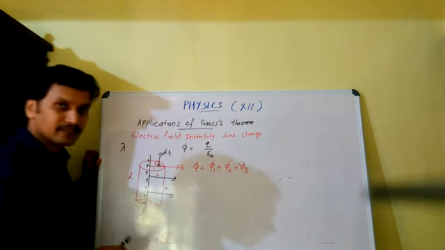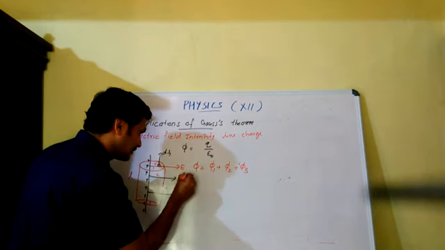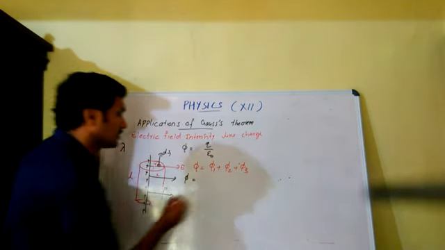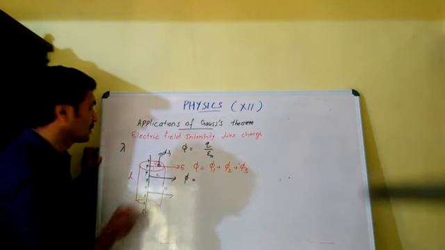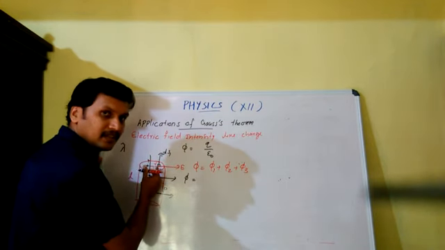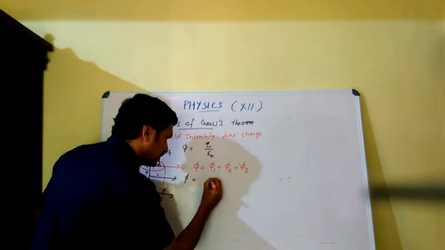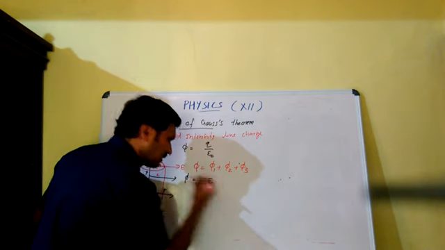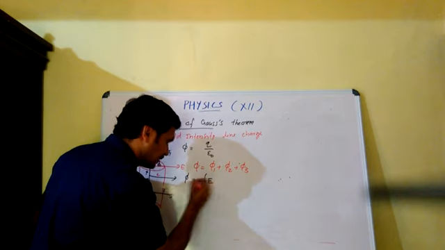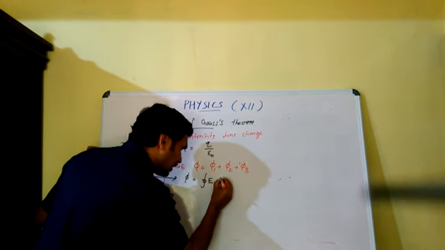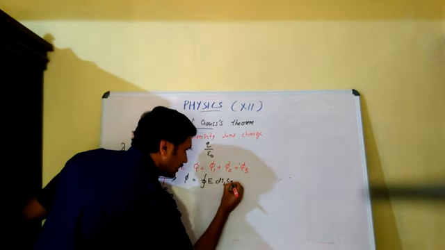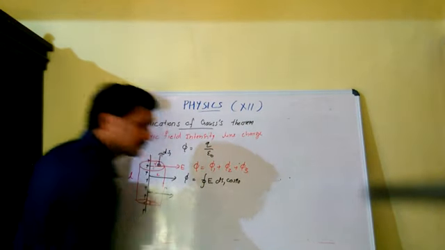The total flux phi is equal to phi 1 plus phi 2 plus phi 3. What is phi 1, the flux through the first surface? E is constant, so we can write the surface integral of E into ds1 into cos of the angle between E and ds1, which is 90 degrees, so cos 90.